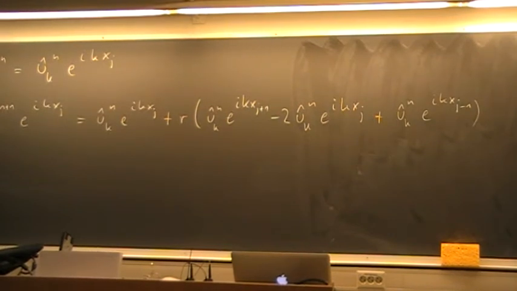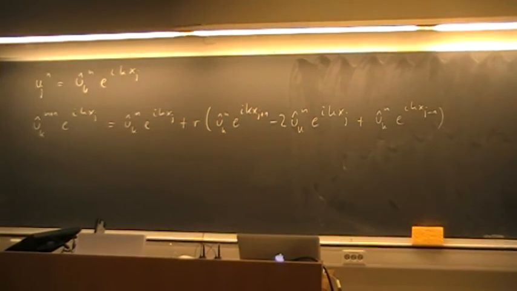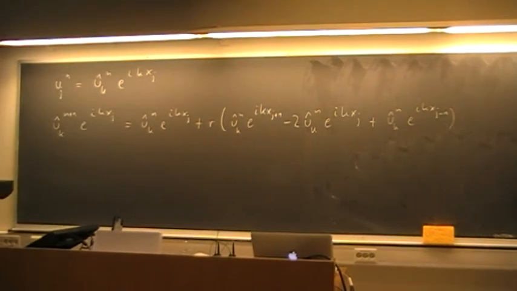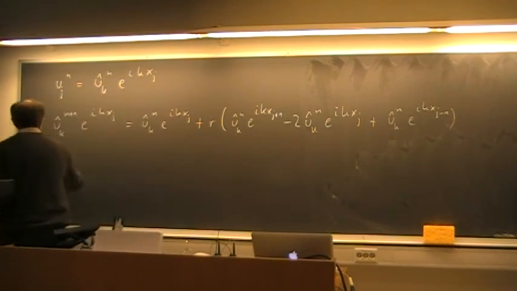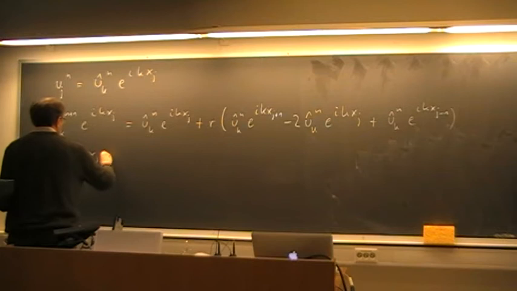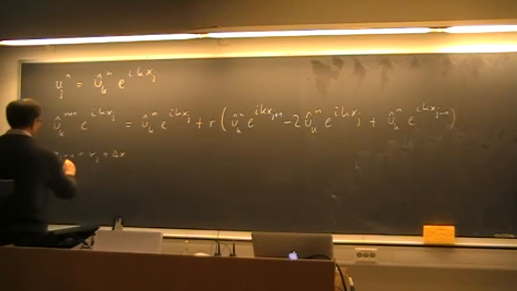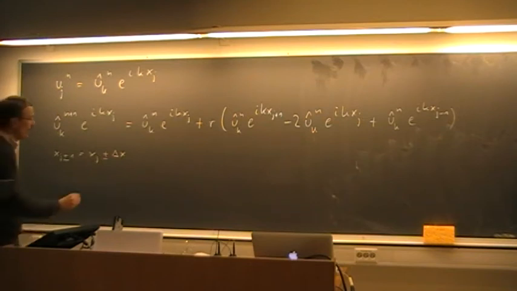And now we can observe a few things here. First, we can note that xj plus 1 is xj plus delta x, and xj minus 1 is xj minus delta x.